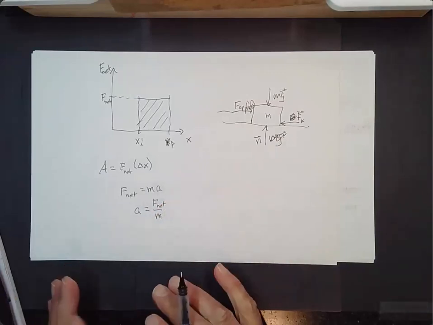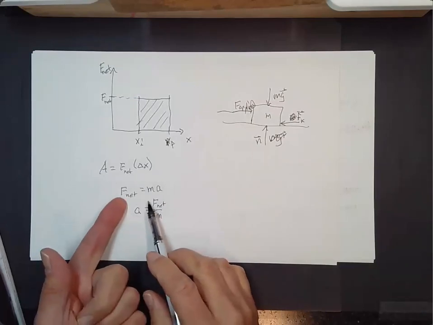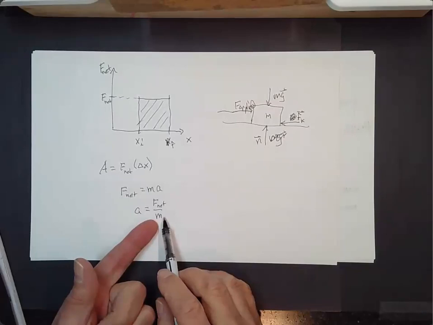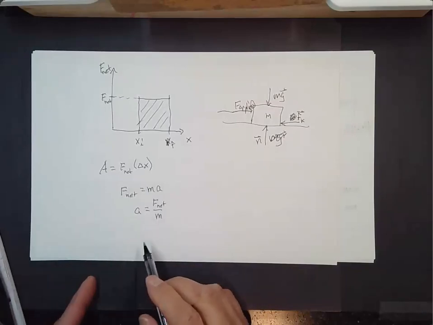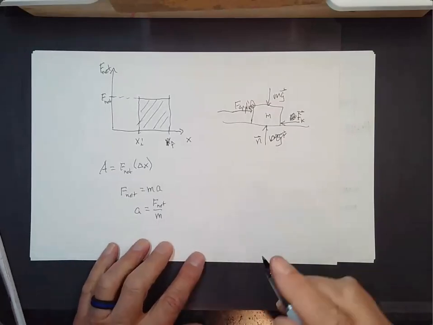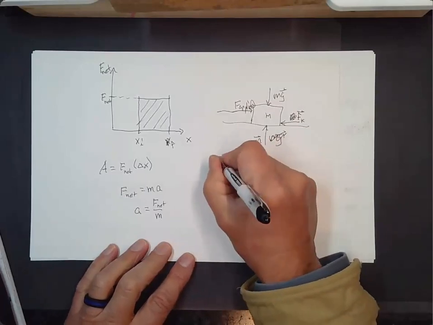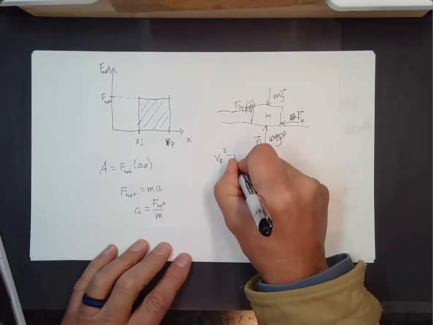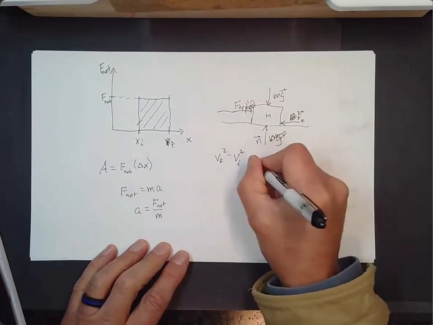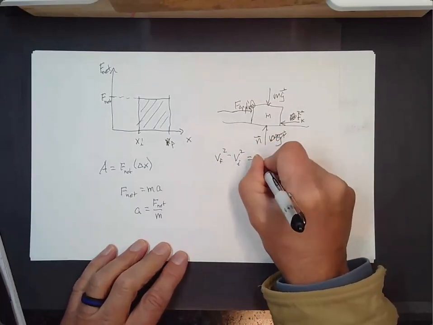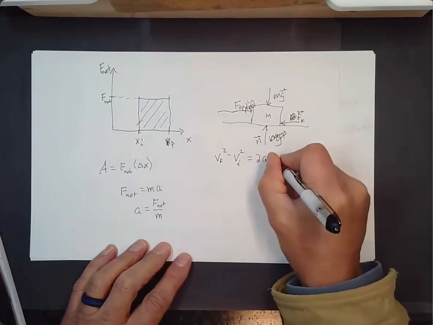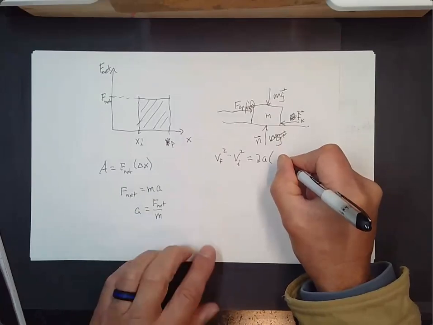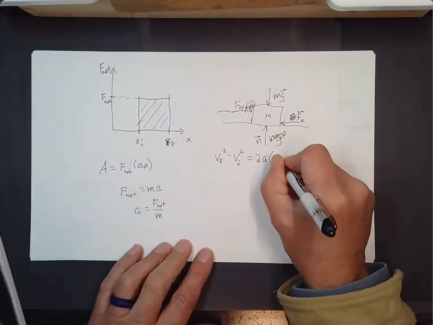Now I want to go back. As long as that net force is constant, we'll have a constant acceleration. And I want to go back and consider one of our constant acceleration equations, which is this: v final squared minus v initial squared is equal to 2 times a times delta x, usually, but in this case it'll be x final minus x initial.